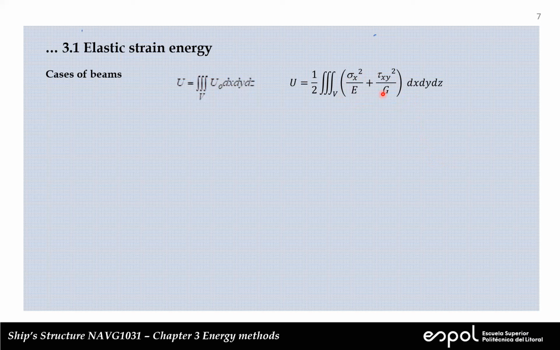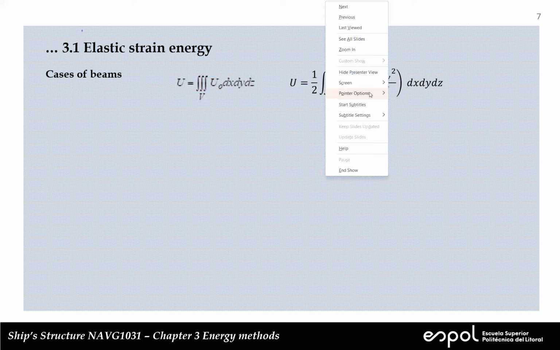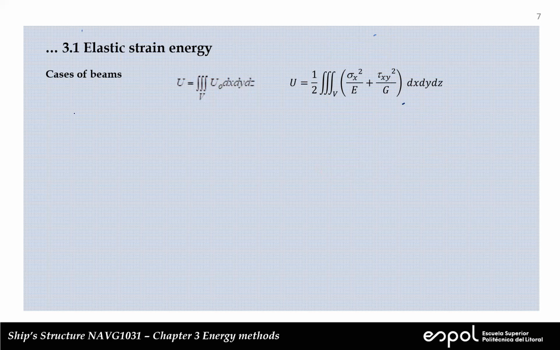Now, in our case, we could have bars or beams, okay? So in the case of a bar, you have something like this. You have a force like this. And we're going to assume that it's uniform, otherwise we can get in trouble.